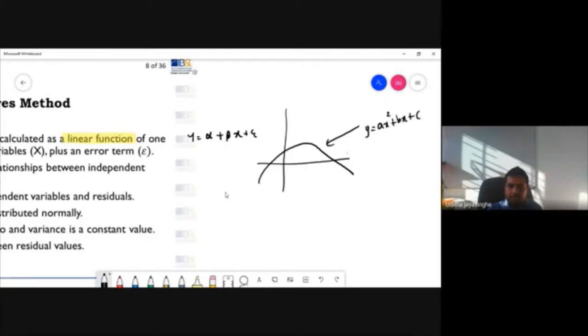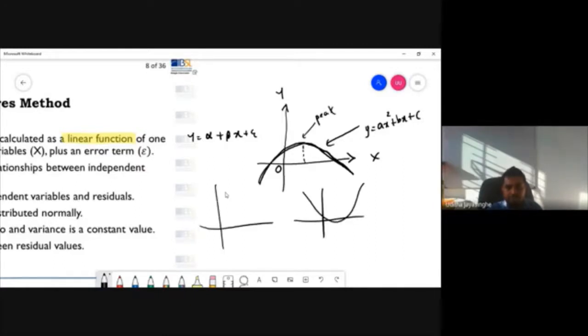This is the x-axis and this is the y-axis. If you could recall your early days of mathematics, we all have drawn this kind of graphs. This is a curvilinear. At a particular value, you can find a maximum value, peak. Another form, negative. Another form, exponential.